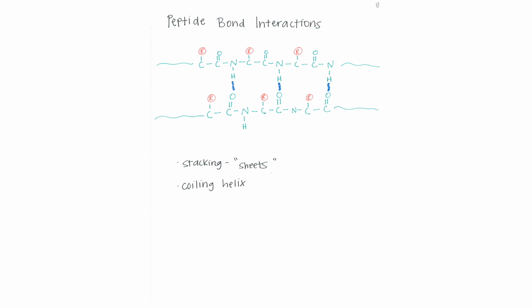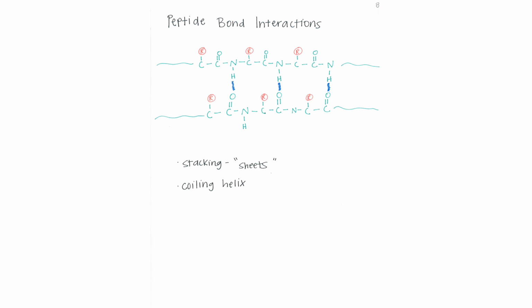You can get stacking, or what are called sheets, beta sheets. We'll show you those later. You can kind of see how that would happen. These things would just align up and stabilize themselves, and you end up getting these sheets. Or you can get a coiling effect, which turns out to be what's called an alpha helix, which we'll also look at later.